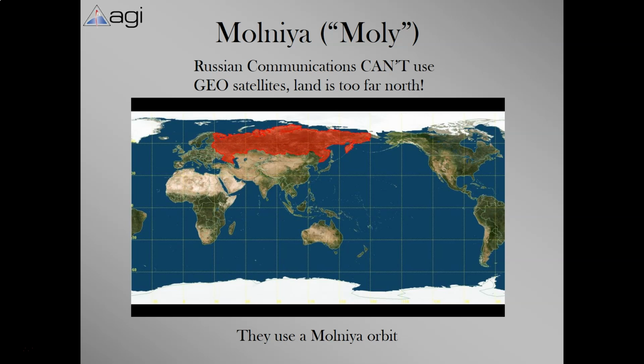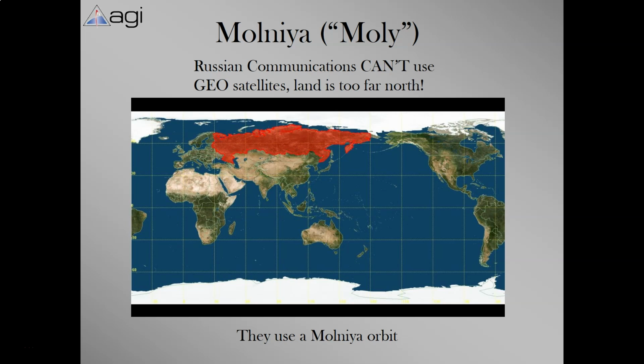Geostationary satellites for Russian communications pose severe challenges since a majority of its landmass is too far north for geostationary belt satellites to see it. The solution, then, was to create a type of orbit that they called a Molniya orbit, which is also called a MOLLE orbit.